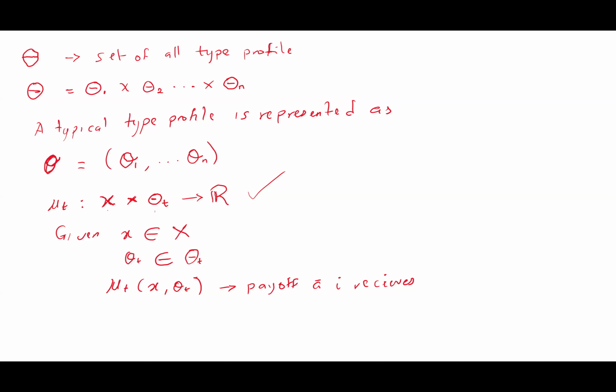It will be such that every agent will select an action out of the set of private values that they have.